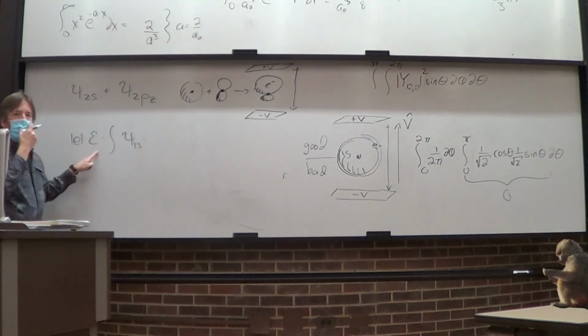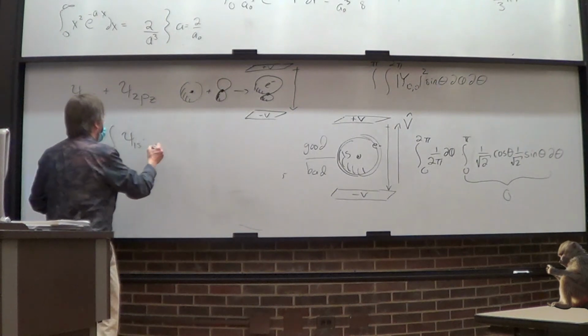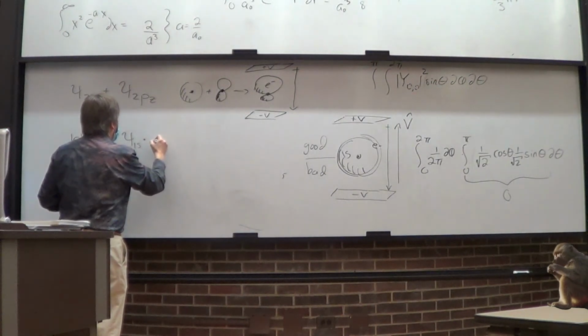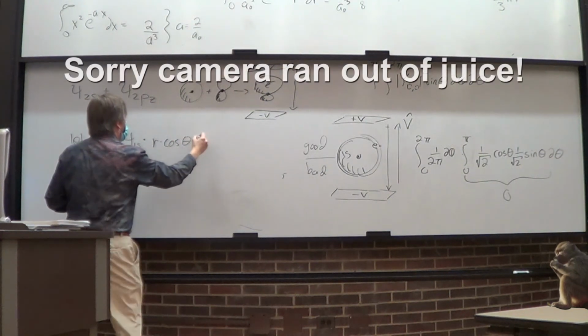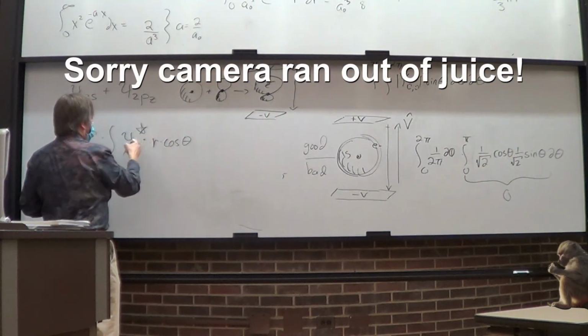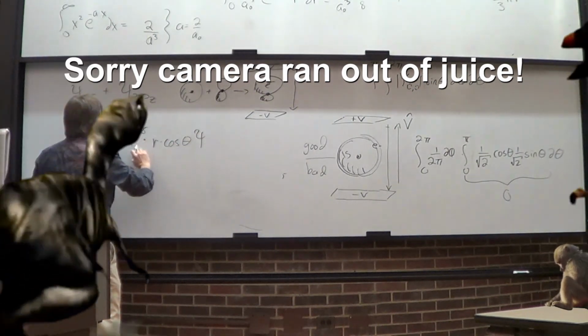And I even have you plug in a number. You'll actually plug in numbers to this. And you plug in like 3 to the 6 volts per meter. That's like the strongest electric field that you could create. And then you end up with, again, the complex conjugate doesn't do anything.